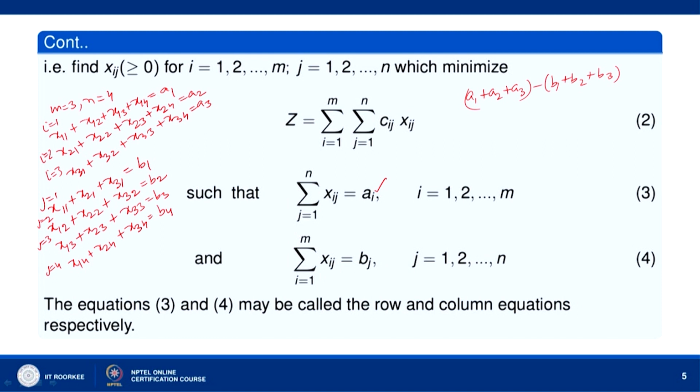Now, let us consider a1 plus a2 plus a3 minus b1 plus b2 plus b3. We are adding the first three equations and subtracting b1, b2, b3.